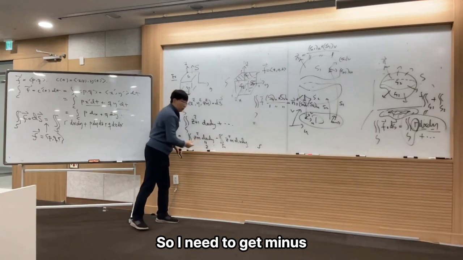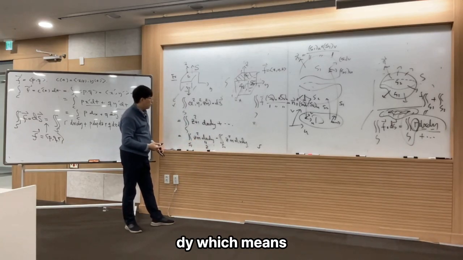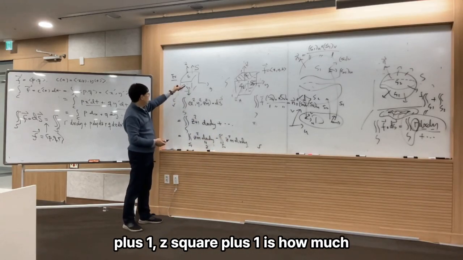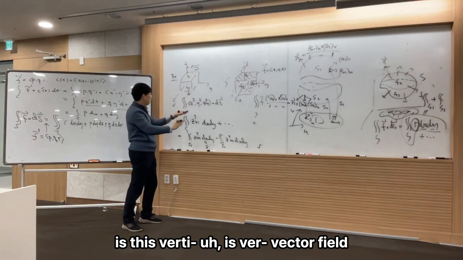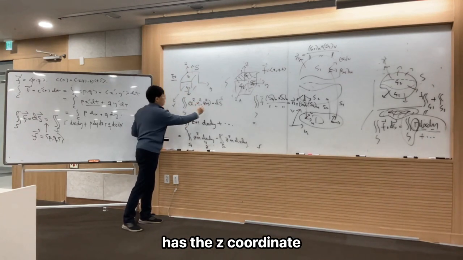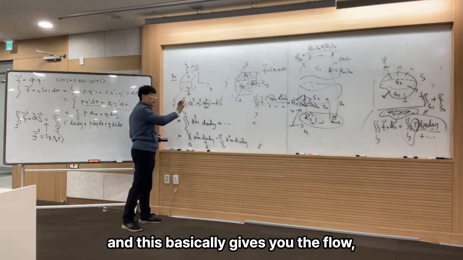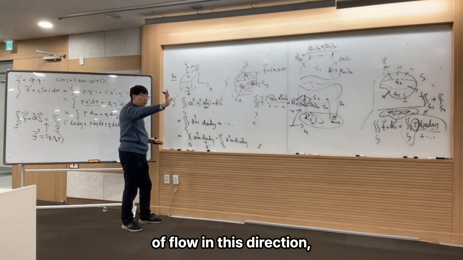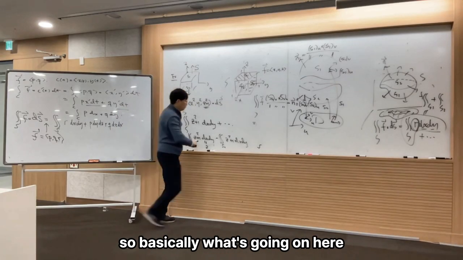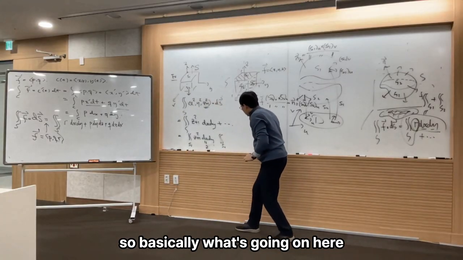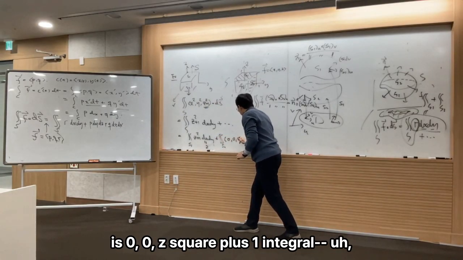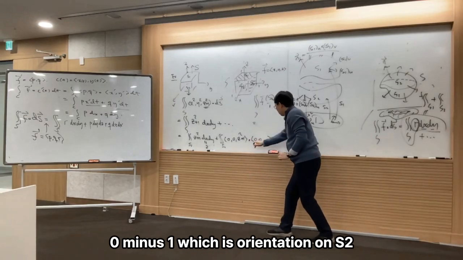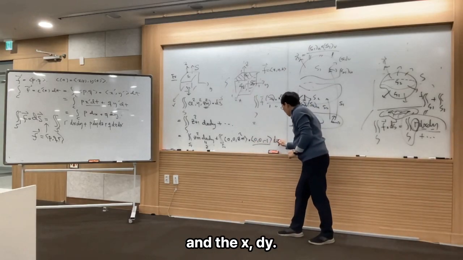So I need a minus, because if I just take this dx dy, which is just area, and multiply by z squared plus 1, which is how much this vector field has in the z coordinate, this gives you the direction of flow, but I want to measure the amount of flow in this direction. So what's going on here is the integral of (0, 0, z squared plus 1) inner product (0, 0, minus 1), which is the orientation on S2, times dx dy.